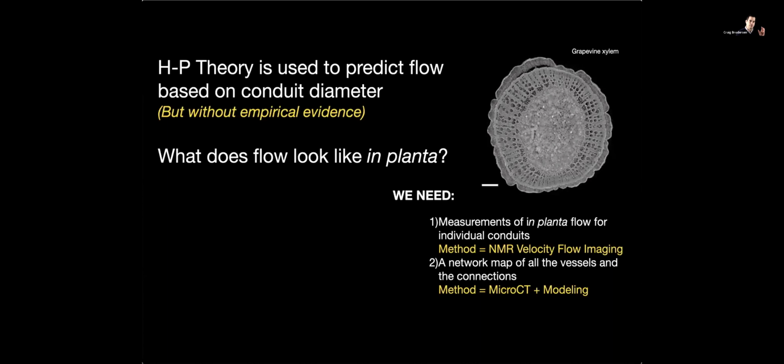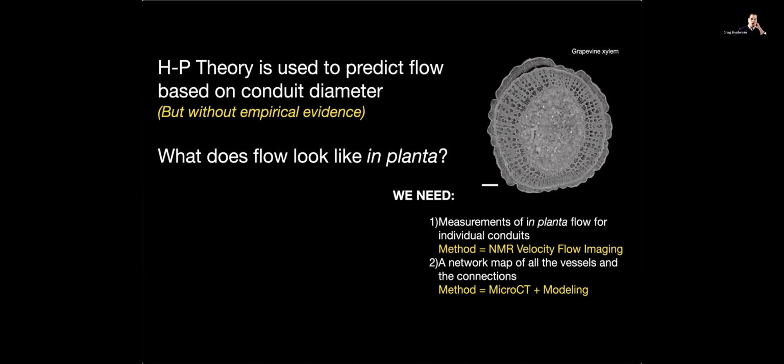And then we were able to take that same stem and scan it with high resolution micro CT imaging, similar to what Celia just described in France, but we do ours at the Lawrence Berkeley National Laboratory in California. That allows us to put together a network map of all the vessels and all the different connections, because there's growing evidence now that the internal network connectivity is extremely important in the network dynamics and how water is actually flowing through a stem.